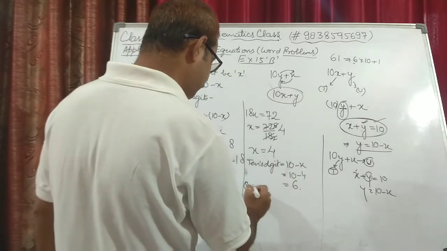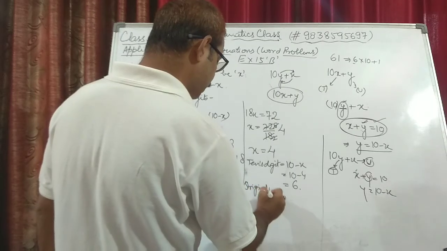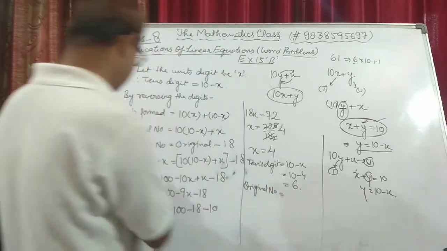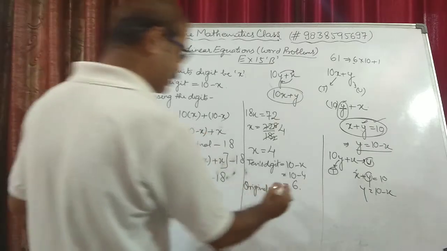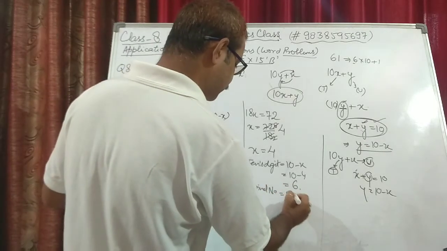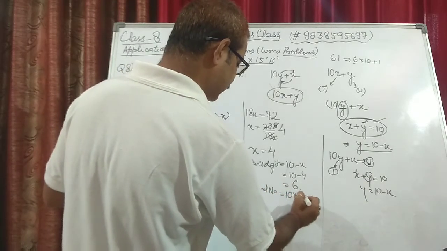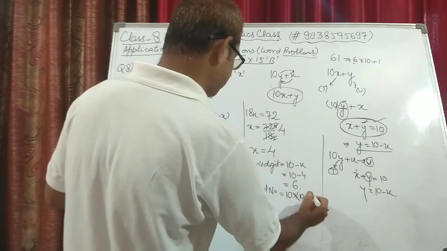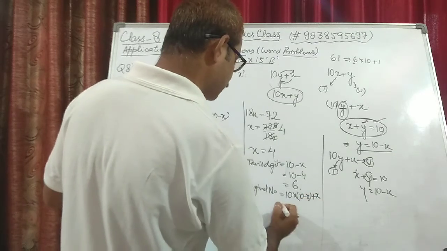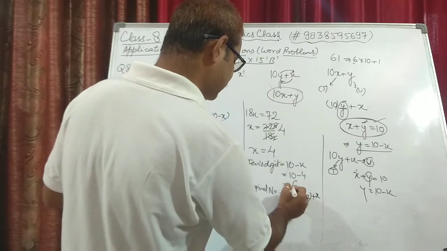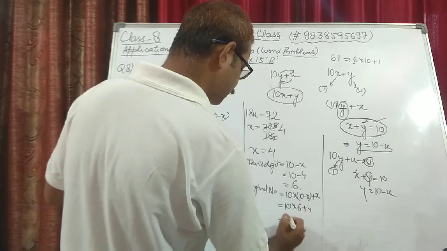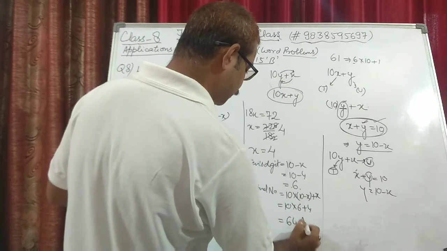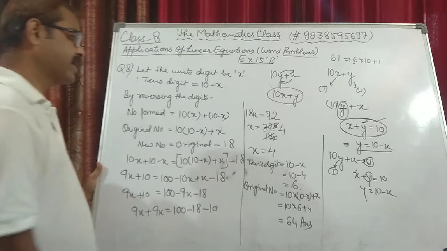So the original number was 10 times of 10 minus x, plus x. So 10 times of 10 minus x, you are getting 6 and plus 4. So final value is 64. That is the final value.